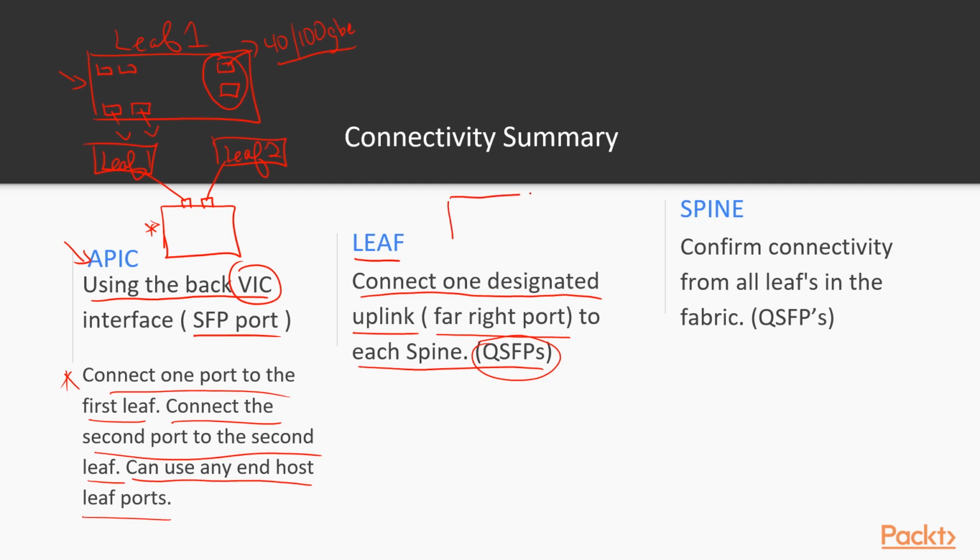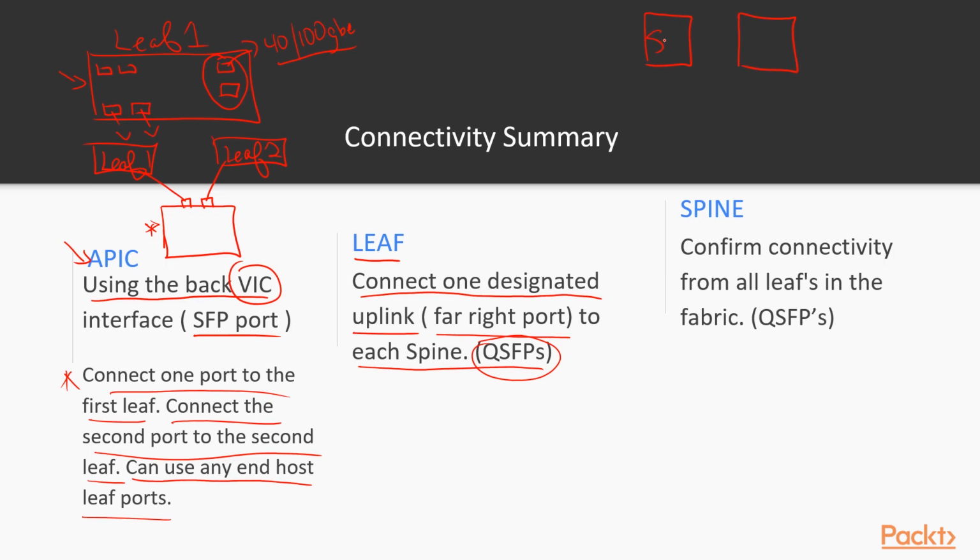We connect for redundancy. We got one leaf, we got another leaf, and we got a spine. We connect one uplink from leaf 1, or in this case any leaf, and then the other one. We want to make sure that everything is connected to all spines, right? Let's go ahead and draw a full-blown fabric with spines and 3 leaves, so you have no issues when you first build your fabric.